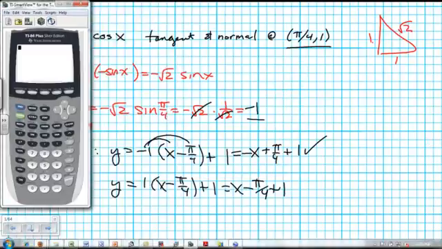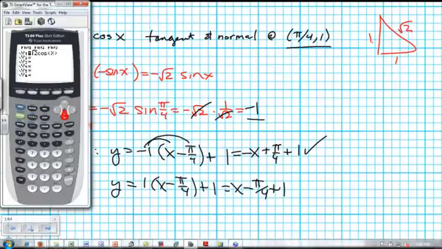Okay. All right. So our original equation, we're going to put into y1. And that was what? Square root of 2 times cosine of x.